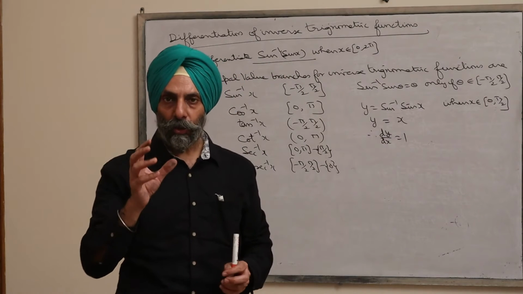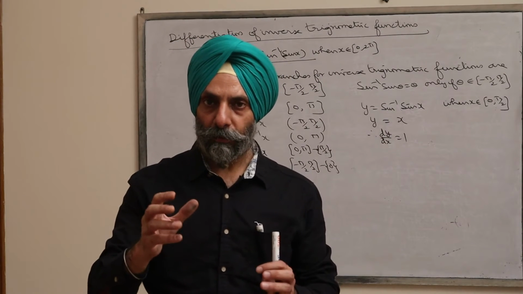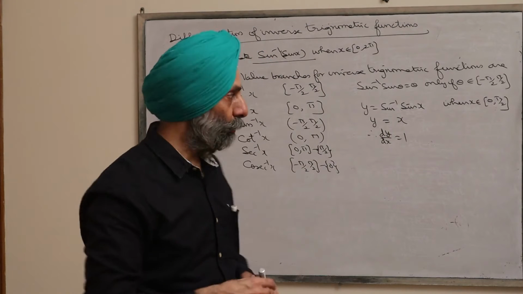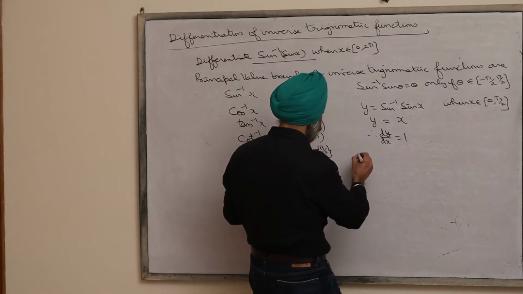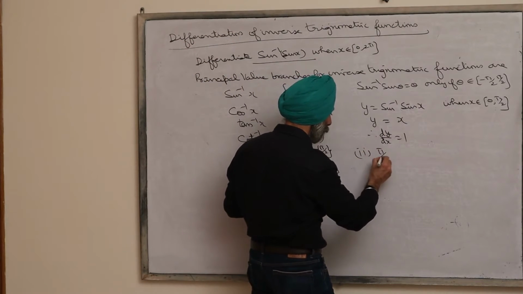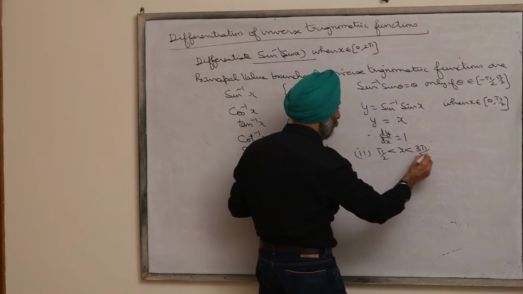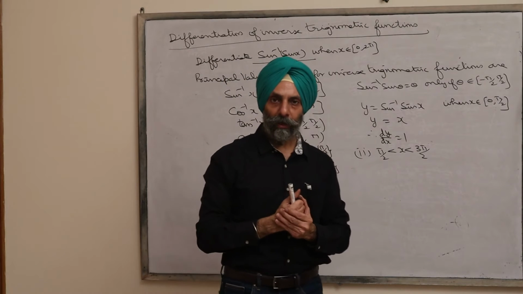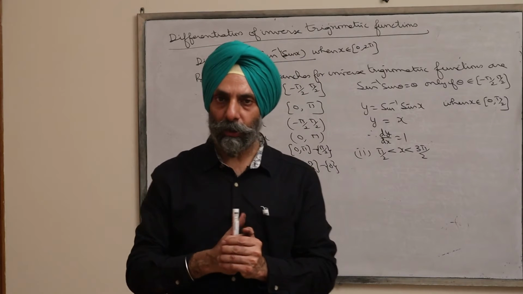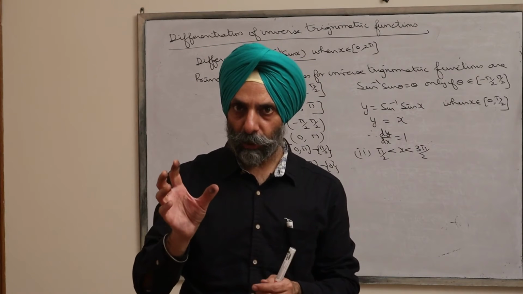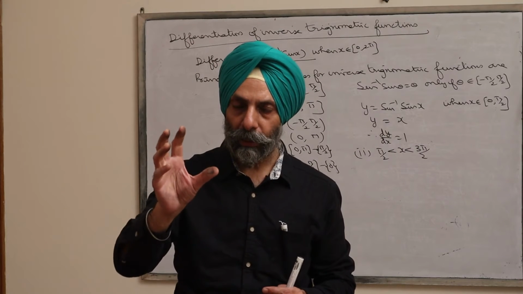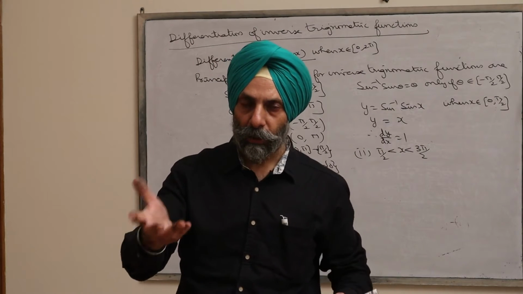Now when it does not lie in the principal value branch, what to do? Second case is when x belongs to pi by 2 to 3 pi by 2. Why have we taken pi by 2 to 3 pi by 2? Because for every inverse trigonometric function, within an interval of pi you are going to get the same result.